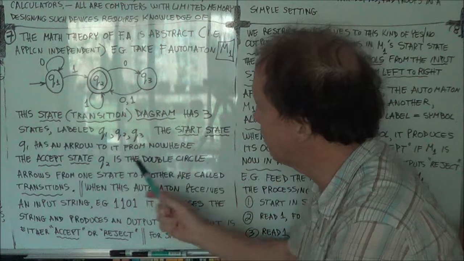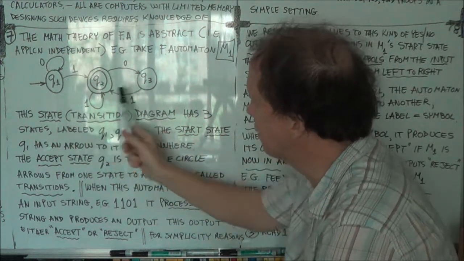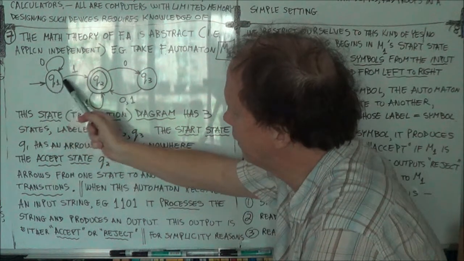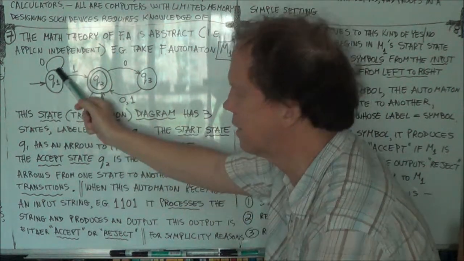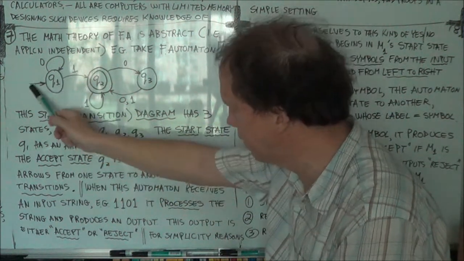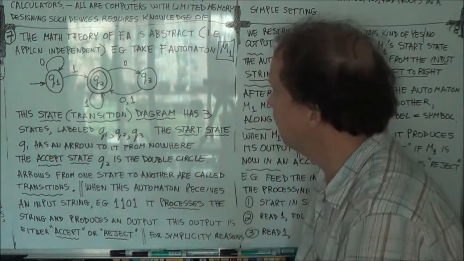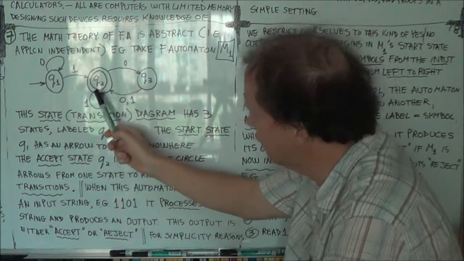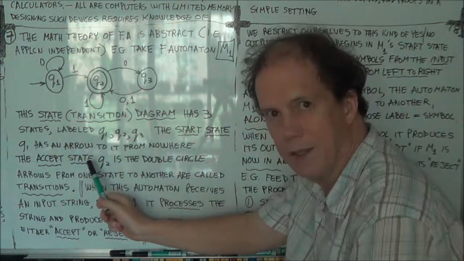Right. So summarizing a little bit. State diagram. In this case, three different states. The arrow coming out of nowhere points to your start state. So your automaton starts in state Q1. You know that because of this arrow. If a state has two circles, in this case Q2, that's called the accept state.